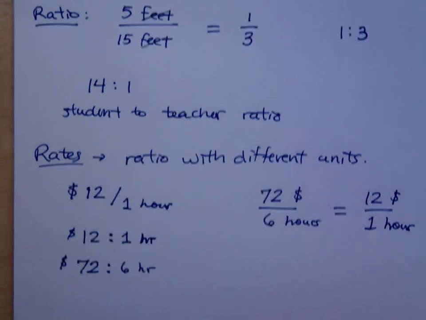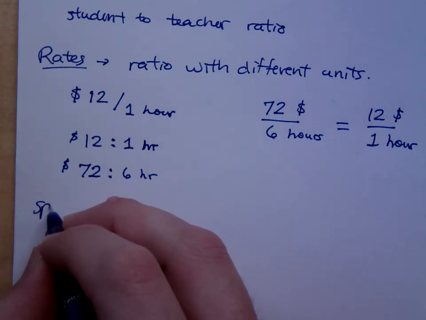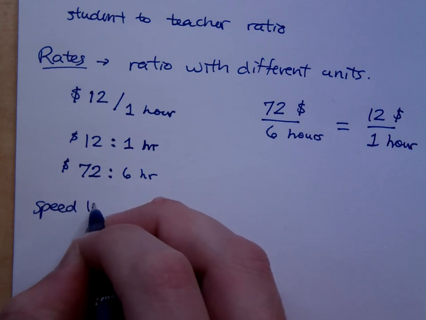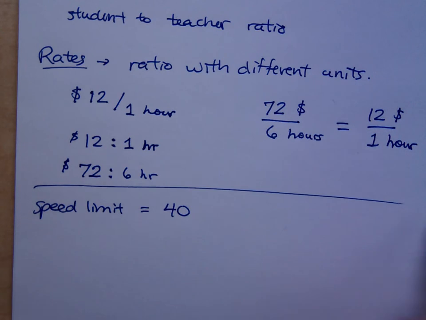You guys see rates like this whenever you are driving, I hope. Sometimes we get very lazy when we talk about this. If I say, what is the speed limit on Fry Road? You guys may say, oh, the speed limit's 40. Right? Now, what are we missing here when we say the speed limit is 40? We're missing units.